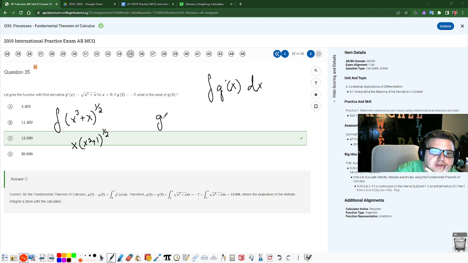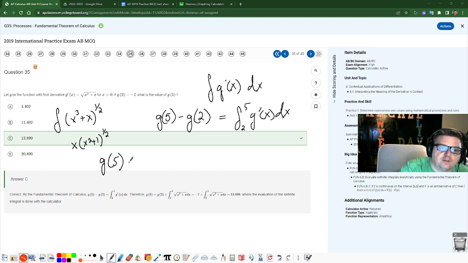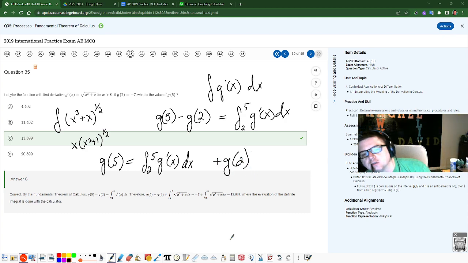They went from this standpoint: g of 5 minus g of 2 equals the integral from 2 to 5 of g prime of x dx. So what they're saying is that if I need g of 5, I can move this over to the other side and integrate from 2 to 5 g prime of x dx, but then I can add g of 2 onto it to get my solution.